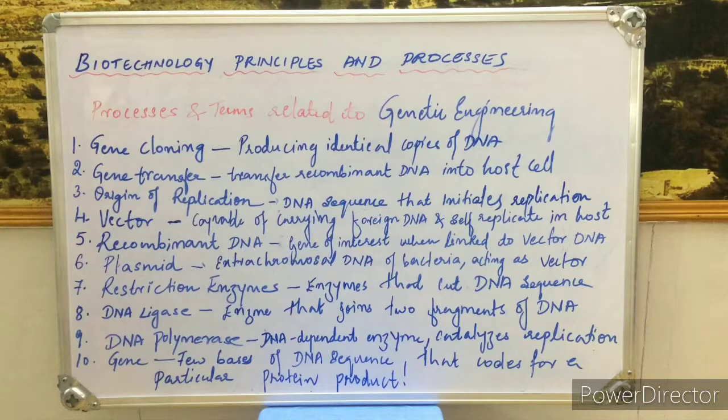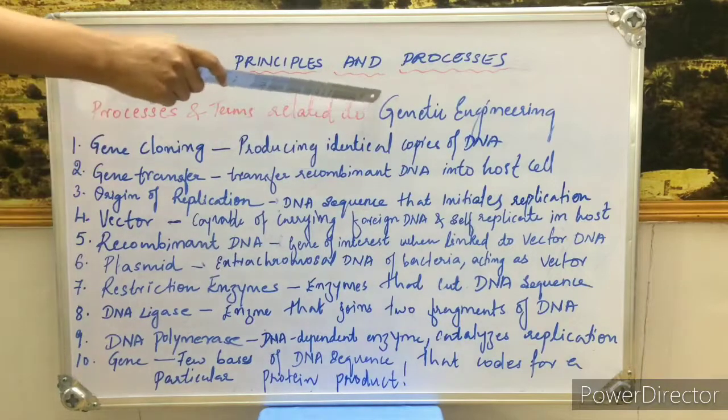We are going to see what exactly is genetic engineering. Genetic engineering is also known as recombinant DNA technology. So in this genetic engineering, there are certain terms and processes related. Now, the definition of genetic engineering: it deals with the manipulation of the genes in an organism.